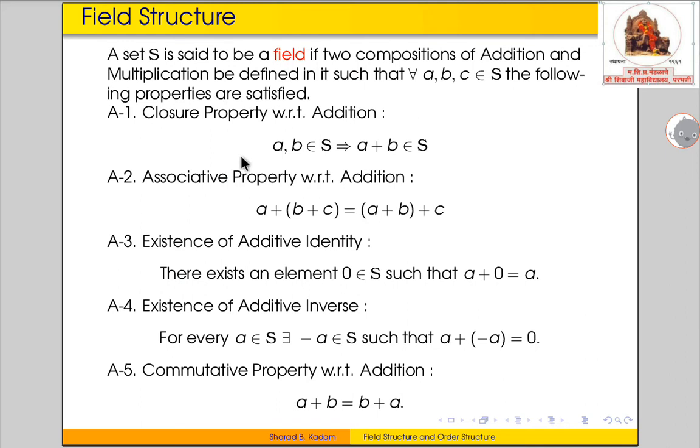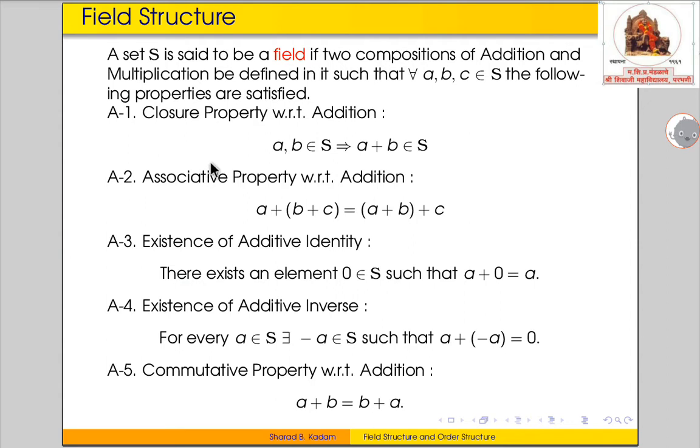Here we have total 11 properties. Here we have two compositions. First is addition and second is multiplication, and we have total 11 properties.